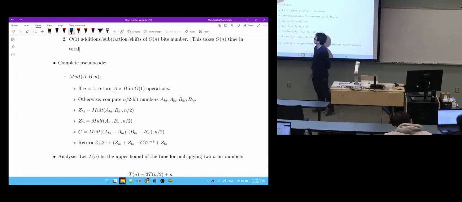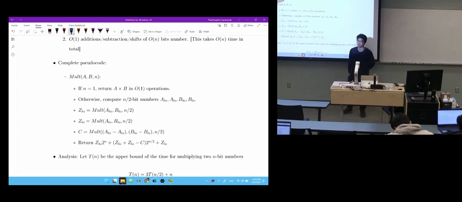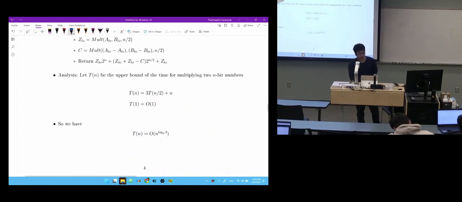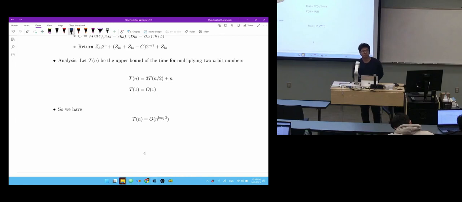Compute Z low by recursion. Compute C by recursion. And just return this. That gives you now the new algorithm with a different recursive equation for the running time. That is, instead of 4 here, you get 3.